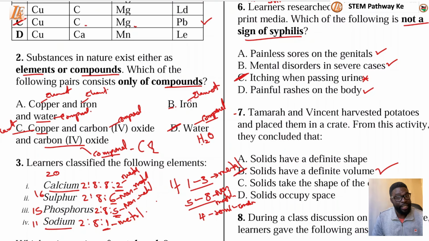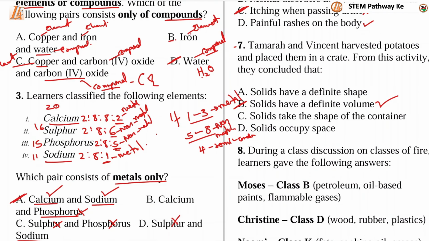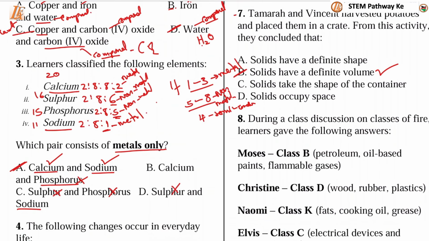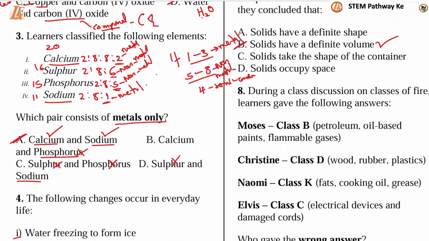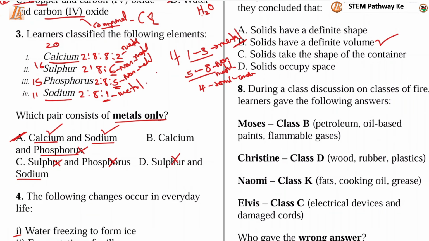The other question reads, during a class discussion on classes of fire, learners gave the following answers. Moses said, Class B fires include petroleum, oil-based paints, flammable gases. Christine said, Class D, wood, rubber, and plastics.